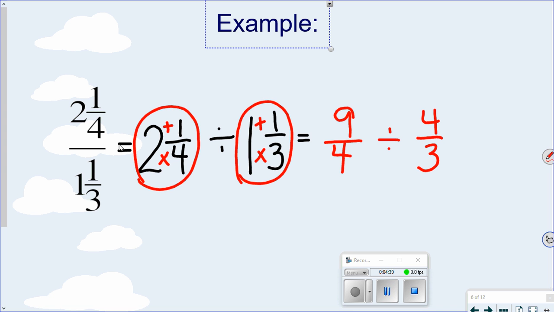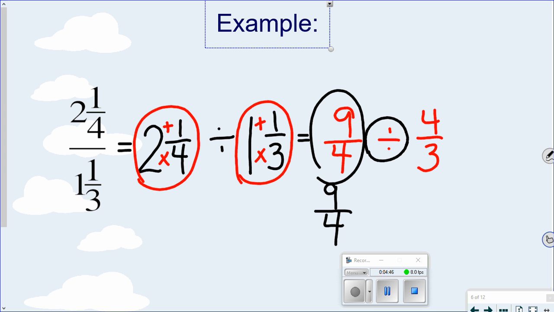So now, I am going to keep my 9/4. I am going to change this to multiplication, and I'm going to use my reciprocal. So instead of 4/3, I am now going to have 3/4. 9 times 3 is 27. 4 times 4 is 16. 27 over 16, that's the improper fraction.